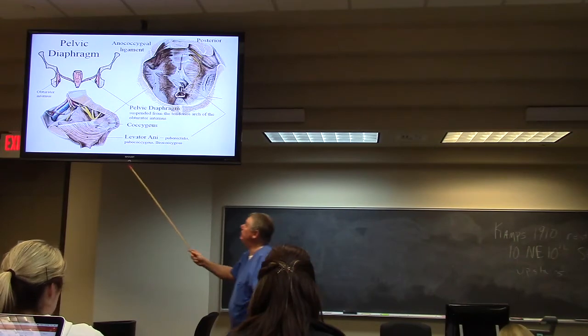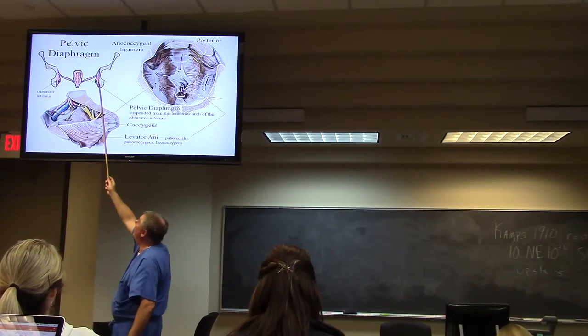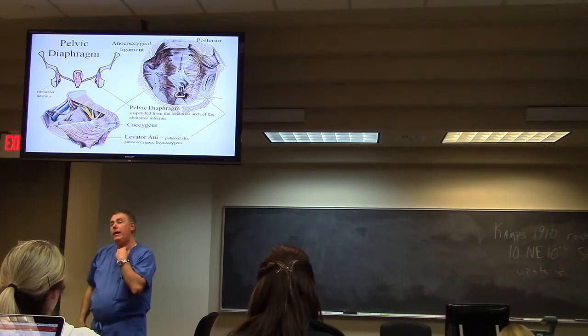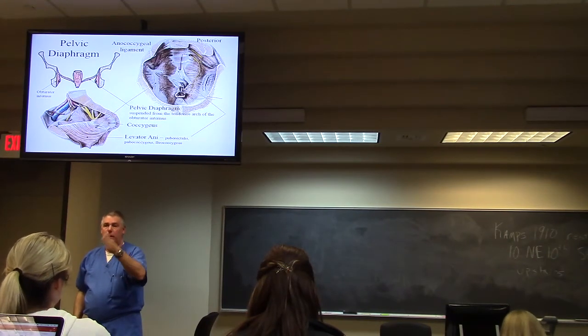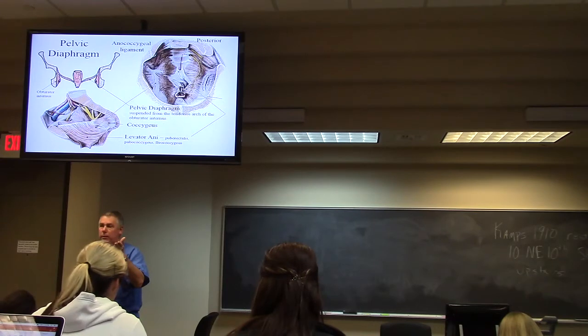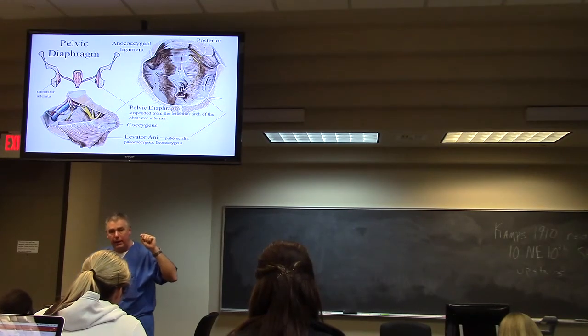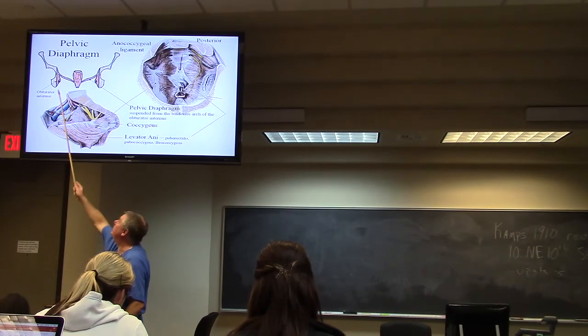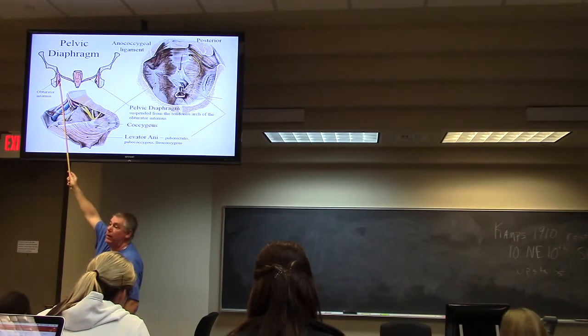So this illustration here shows you the obturator internus. Now, the innermost fascia of that obturator internus has a gap in it, and that gap transmits an artery and a vein and a nerve. Right there.